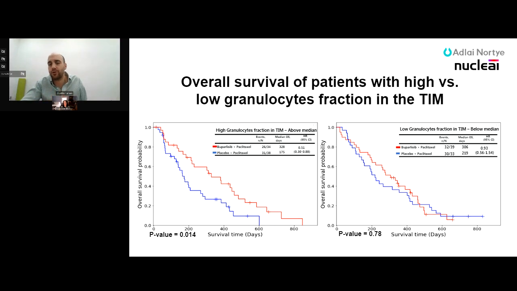Again, all biomarkers without a baseline need to have a median cutoff to look at high versus low. So that is within this study of the Beryl-1. But we do see that patients that had a higher infiltration of granulocytes performed better on the combination arm than those that had lower infiltration of granulocytes in the combination arm.